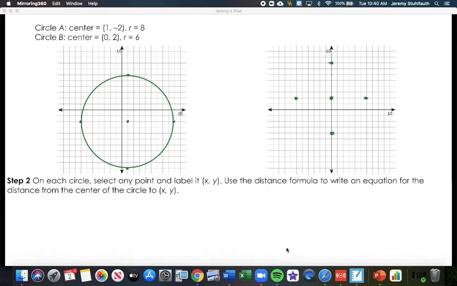Apparently it thinks I want to make a polygon. There we go, there's our circle.